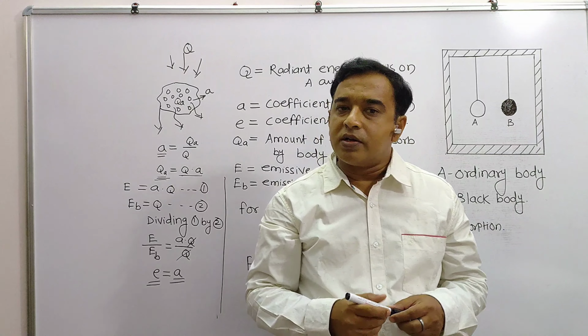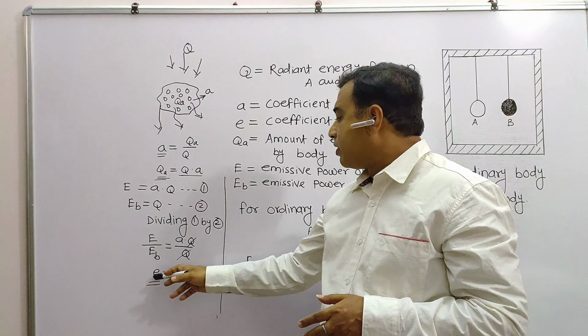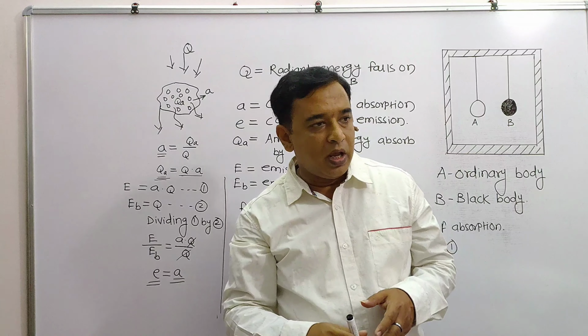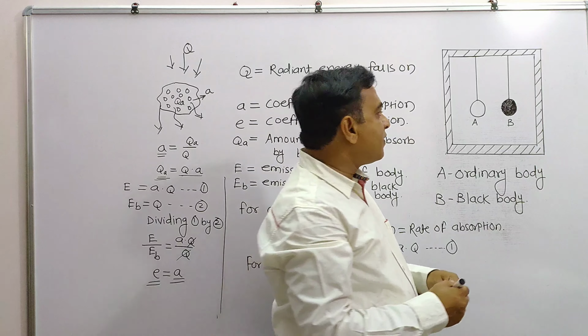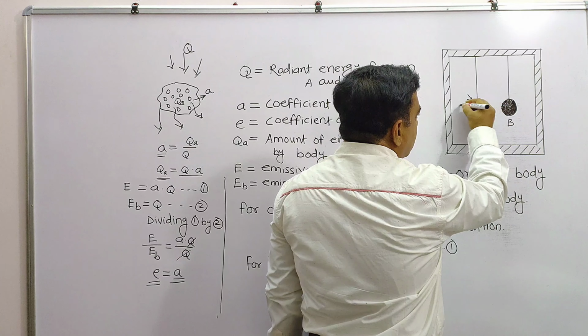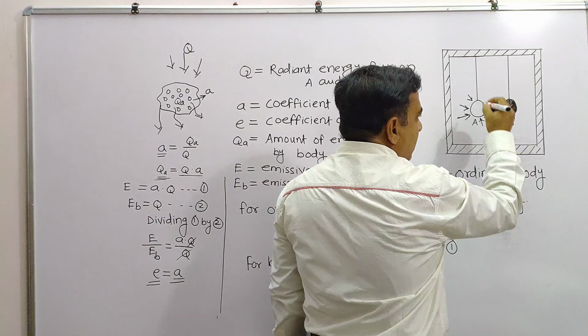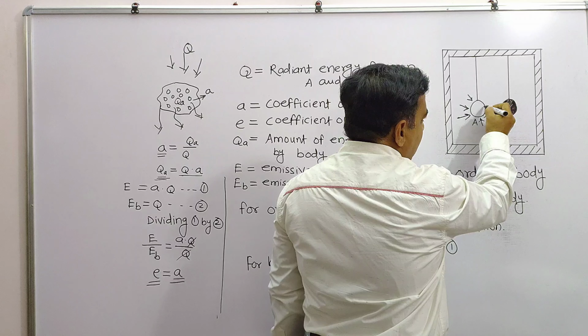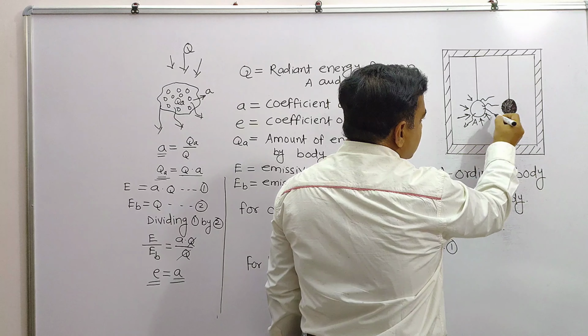Hence, Kirchhoff's law states that the coefficient of absorption is equal to the coefficient of emission at a given temperature, whatever may be the amount of energy which falls on the ordinary body. Few photons or energy are absorbed, and then it is emitted equally over all sides.